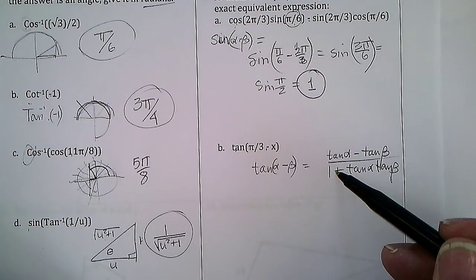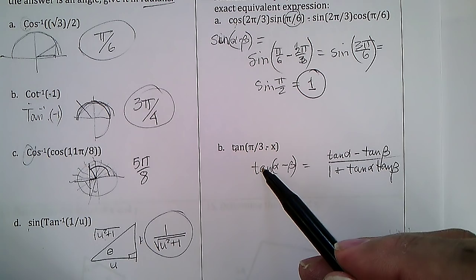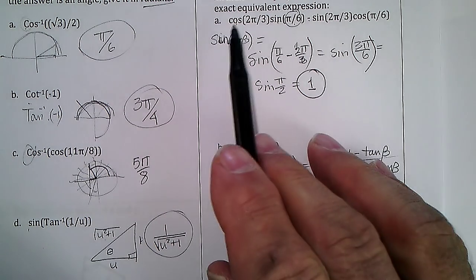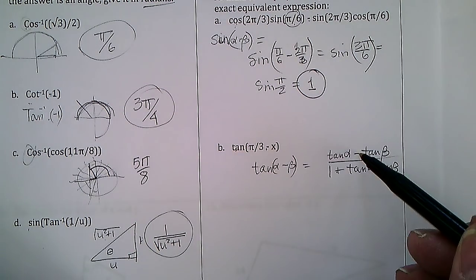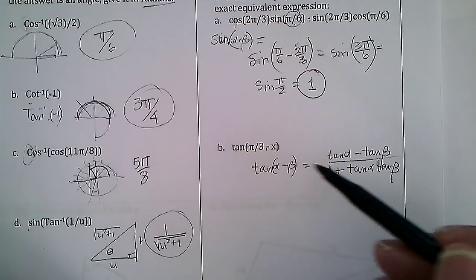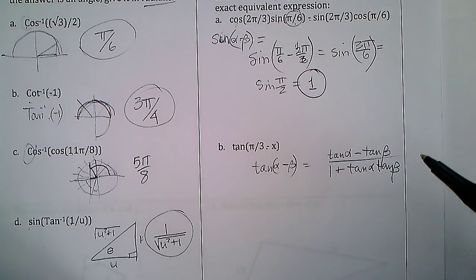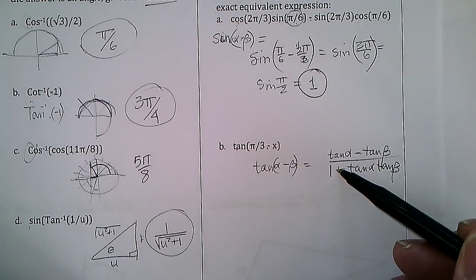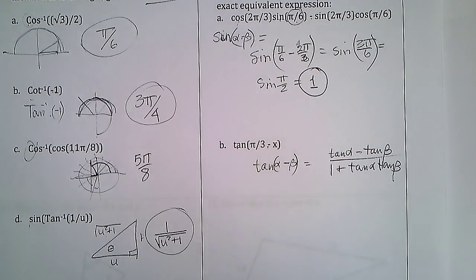The way I remember the signs is tangent is sine over cosine, and sine on the difference formula stays the difference, and the cosine uses the opposite, which is in the denominator. So we use the opposite in the denominator and the same in the numerator.